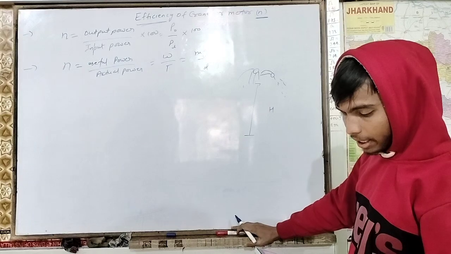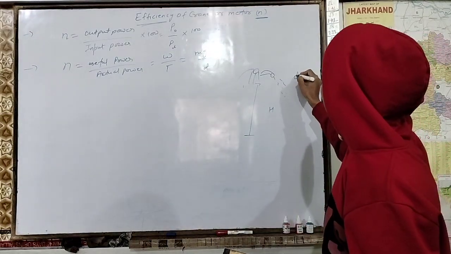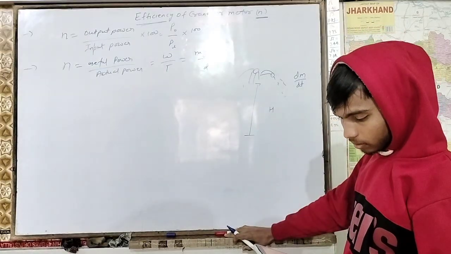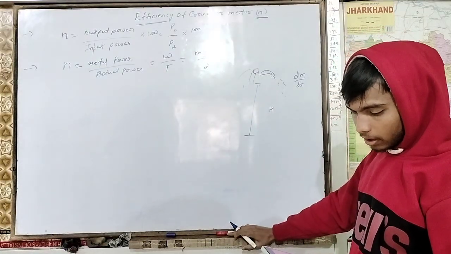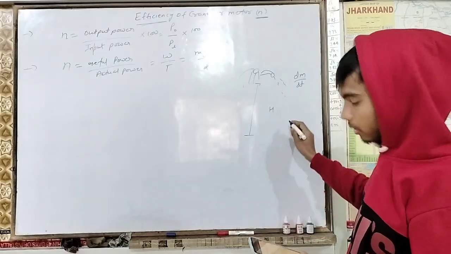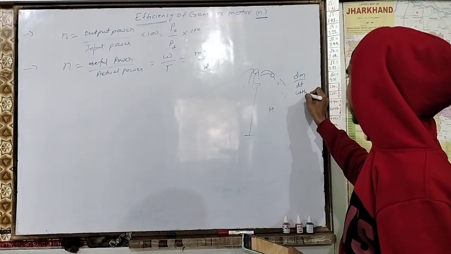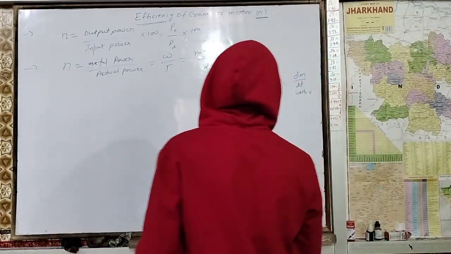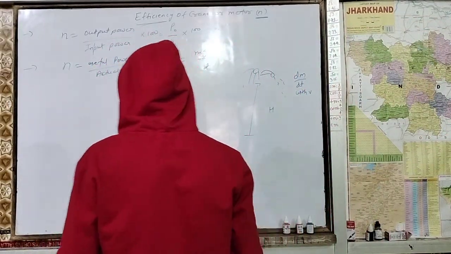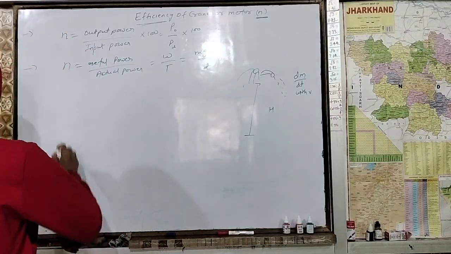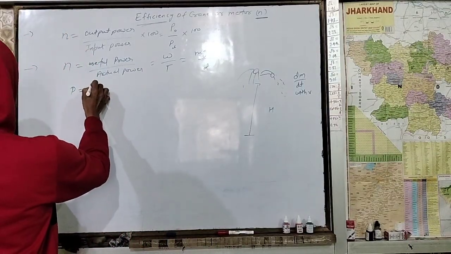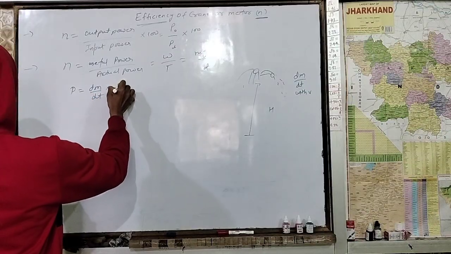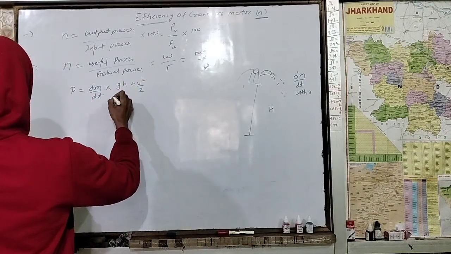So it delivers at a rate of dm upon dt. This is the rate of providing this water with velocity v. Then power delivered of water would be P equal to dm upon dt, multiplied by gh plus v square upon 2.